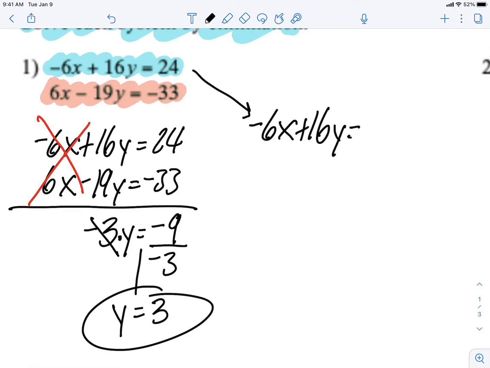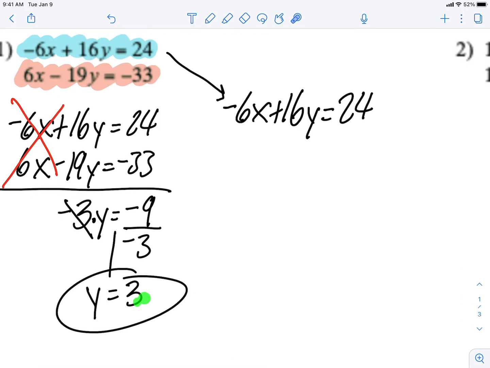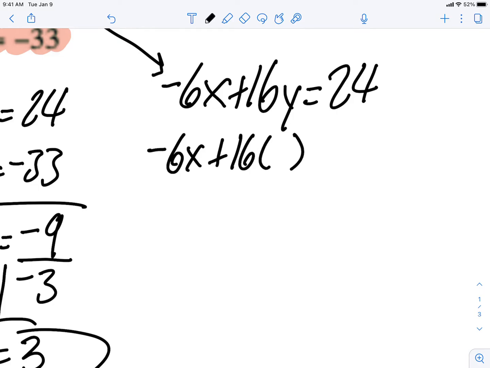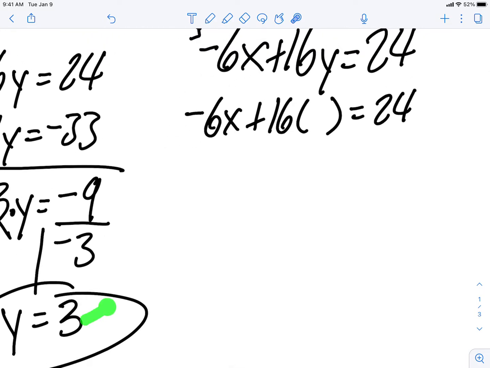You will get the same solution. Since I have y here, I'm going to change that y to a parentheses and plug in 3, because y is equal to 3.